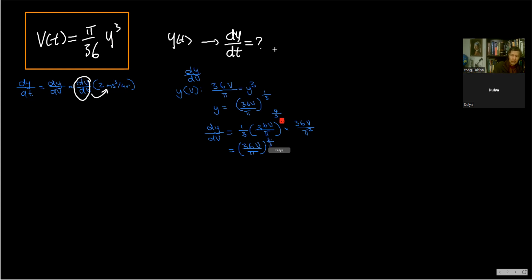V is an independent variable in this case. In this case, you have to work out the formula for V, right? At that height. Okay, right.